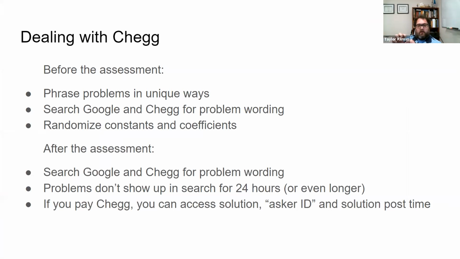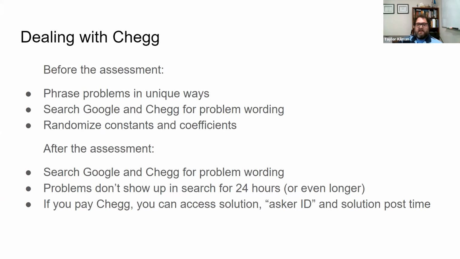So not only are the coefficients and constants randomized, but also the name, and you can make even a simple algebraic problem have somebody's name in it. Joe wants to find the product of this and this, so it's a simple multiplication problem, but there's still somebody's name in it that's randomized out of a database of hundreds or thousands of names.